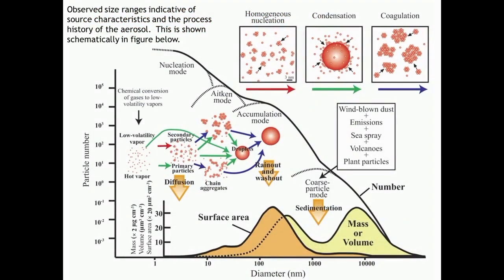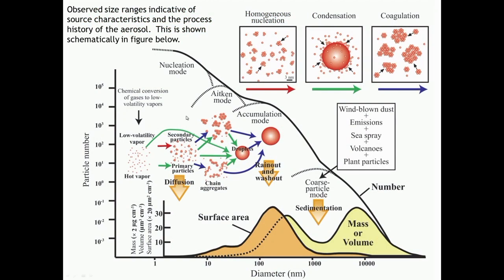And a different way of showing that is this picture, which gives you a quick summary of the different sorts of particles and the different nomenclature. So is everyone familiar with the terminology there? The nucleation mode, that's what we saw in those nucleation bursts.